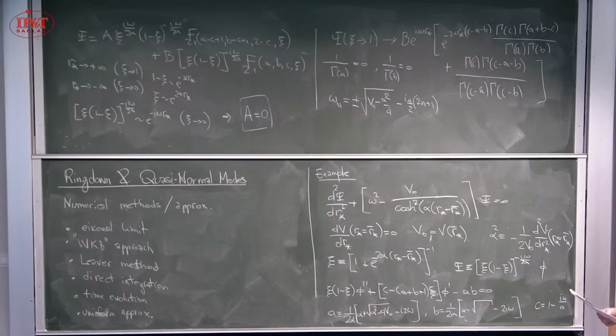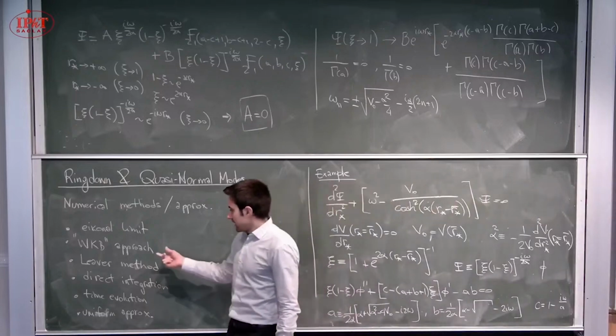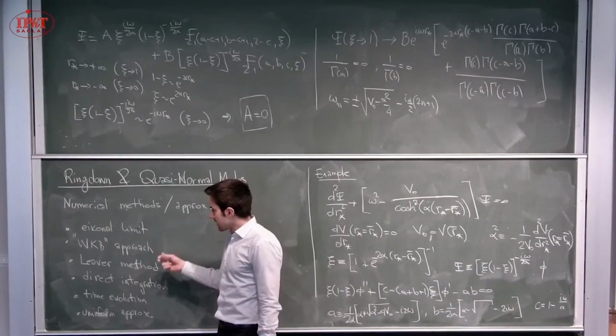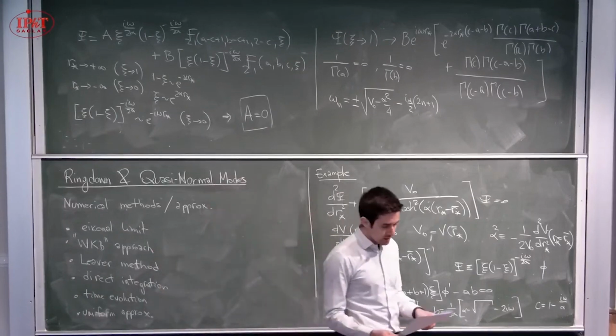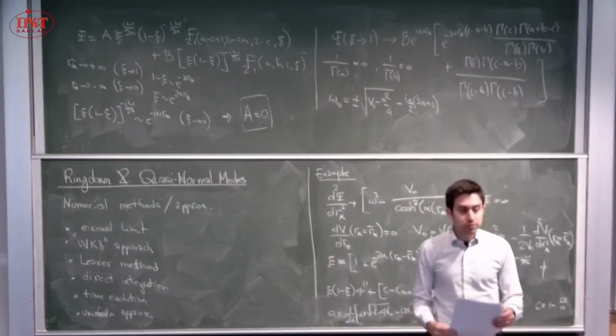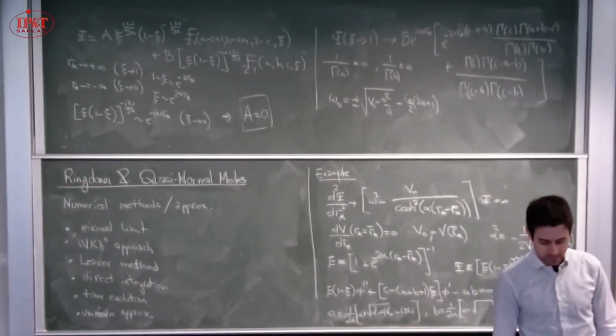This appears clearly in the WKB approach, which I can tell you a little bit about. Maybe it's a good time to have a break, or if there are questions.